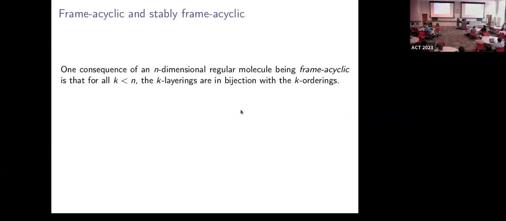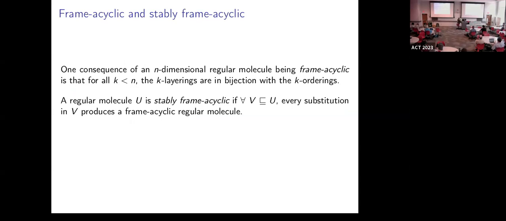Now, a consequence of an n-dimensional regular molecule being frame acyclic is that for all k less than n, the k layerings are in bijection with the k orderings. Okay, so there is a one-to-one correspondence between k layerings and k orderings.